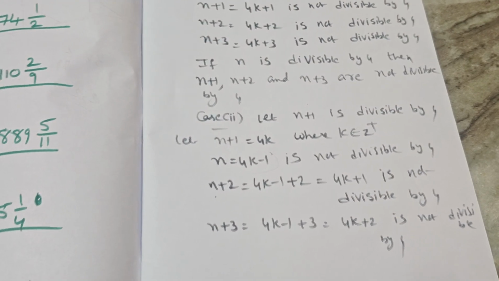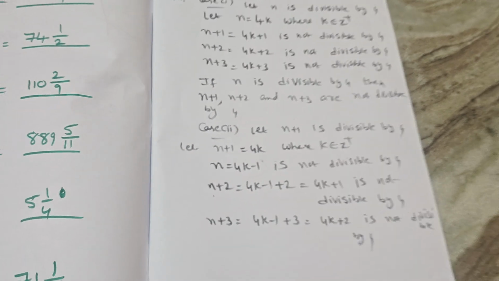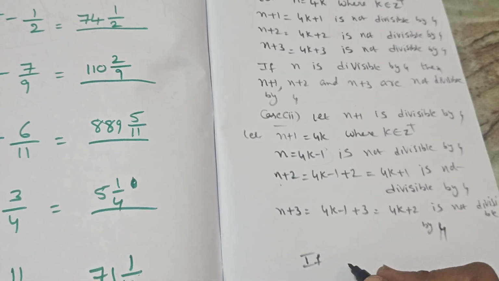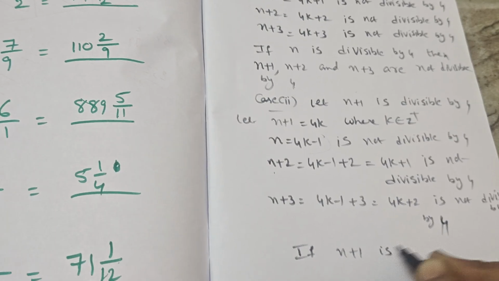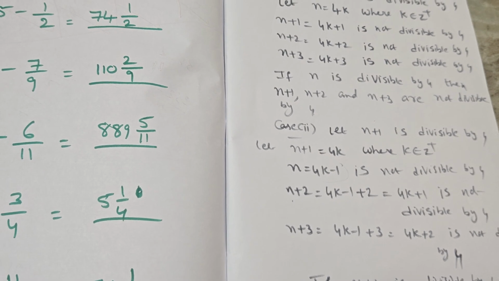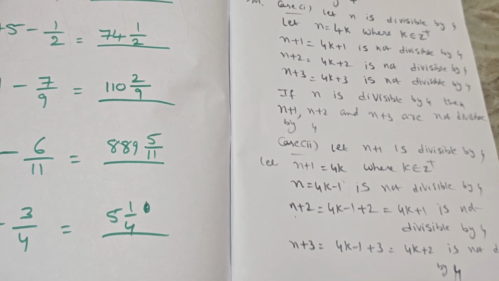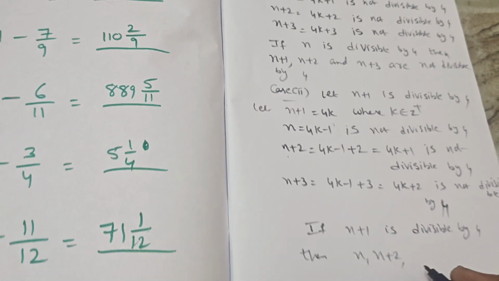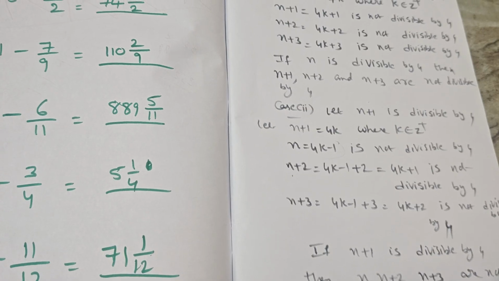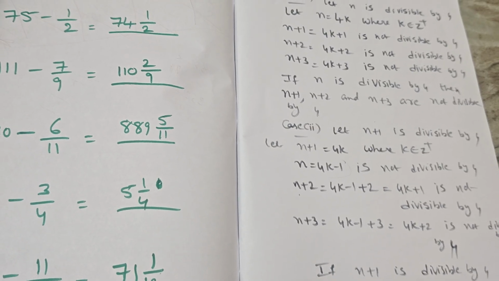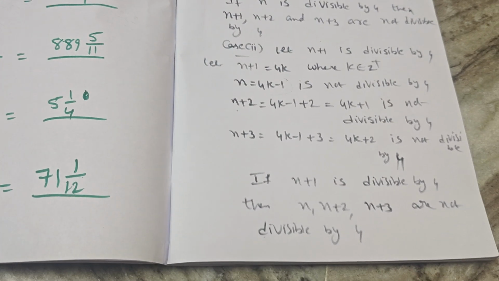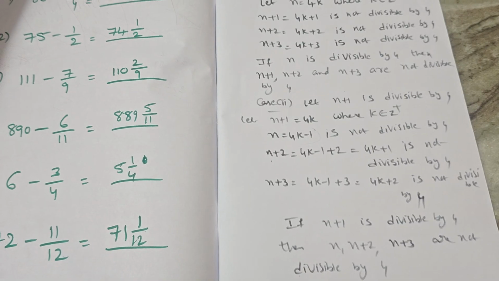If n plus 1 is divisible by 4, then n plus 2 and n plus 3 are not divisible by 4.